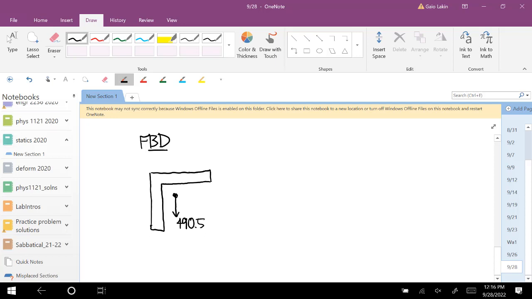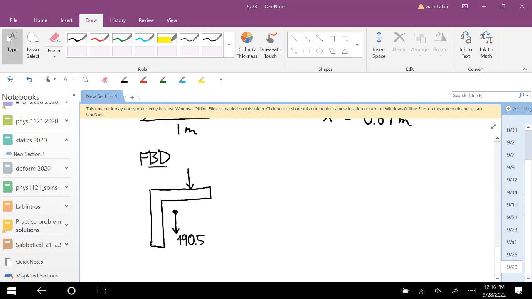The distributed load is acting here, 2/3 of the way from the left to the right, and the total is 1,000 newtons.